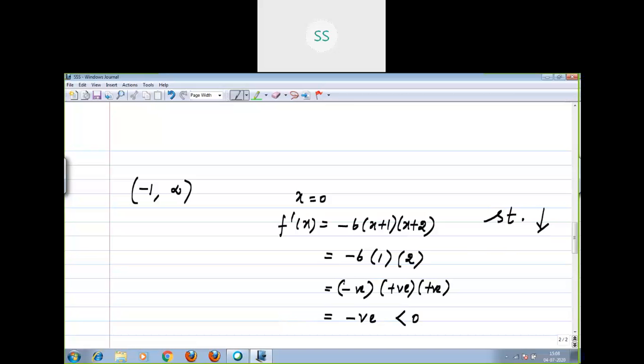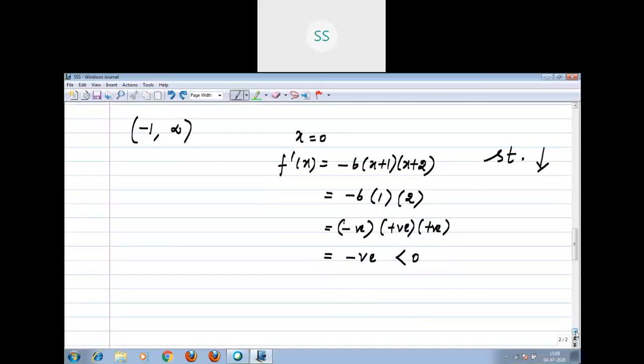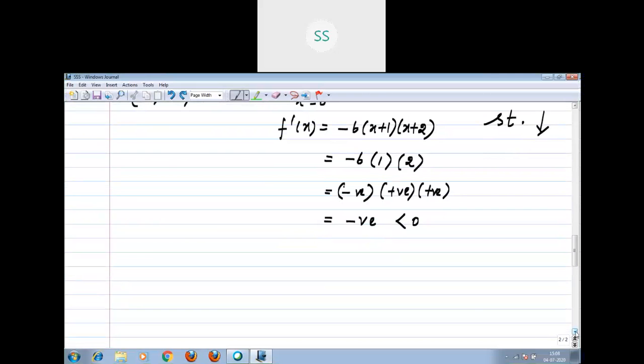In which intervals is the function strictly increasing and strictly decreasing? You have to compare and say. At the end your solution is, see, I'm going to write, you have to be very careful.